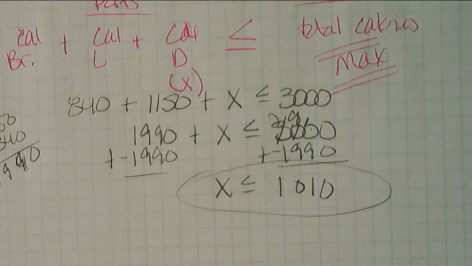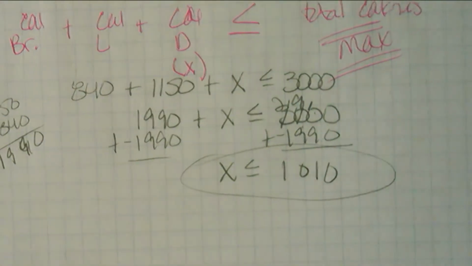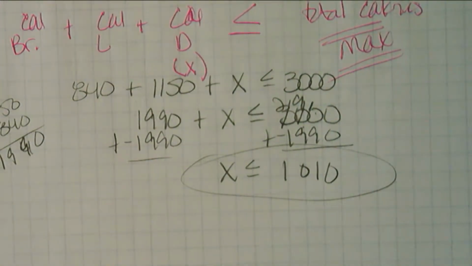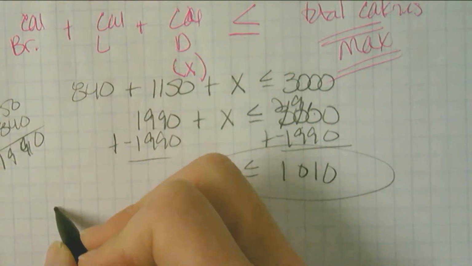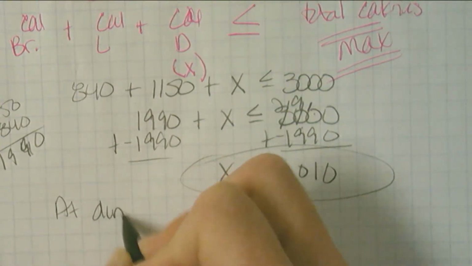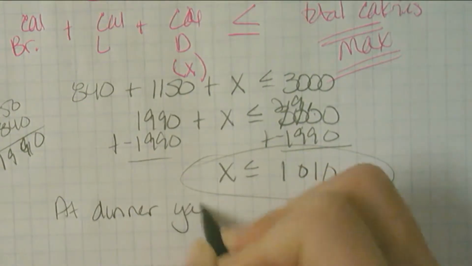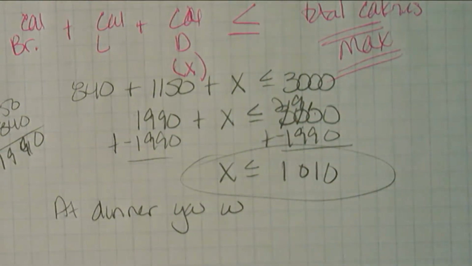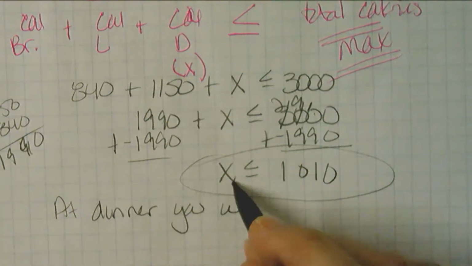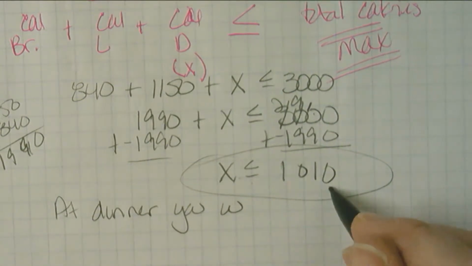All right. How do I explain that answer? Someone explain what that answer means. Morgan? Put your hand up. So this says the number of calories at dinner is less than or equal to 1,010 calories. Is it at least?